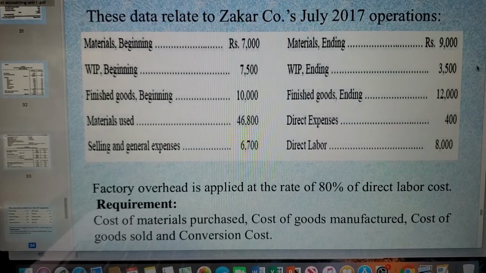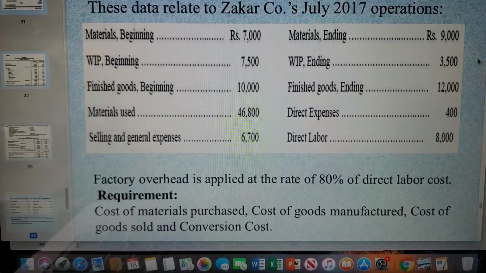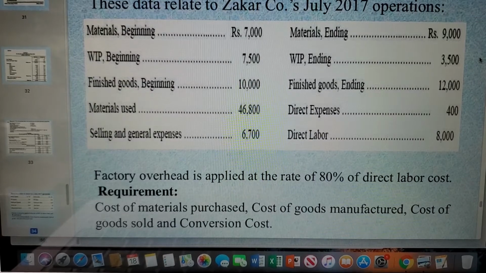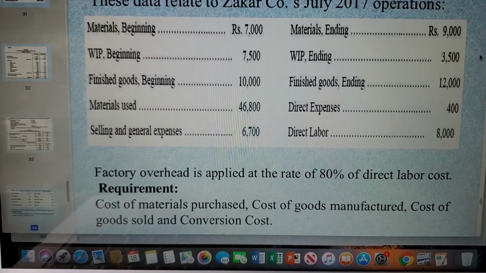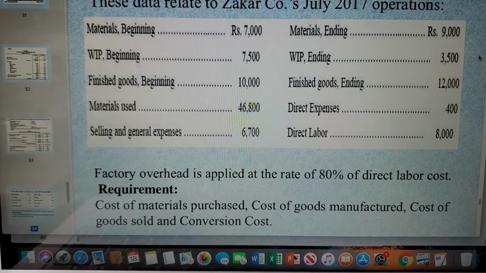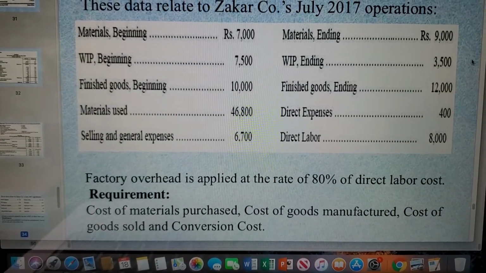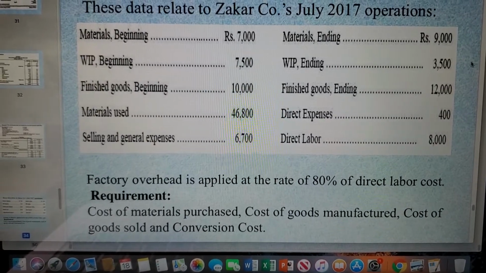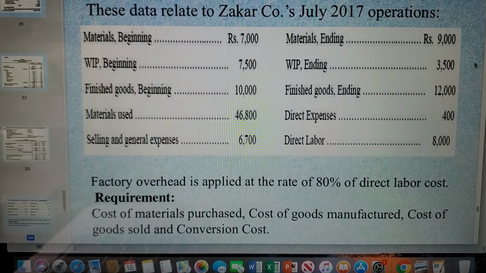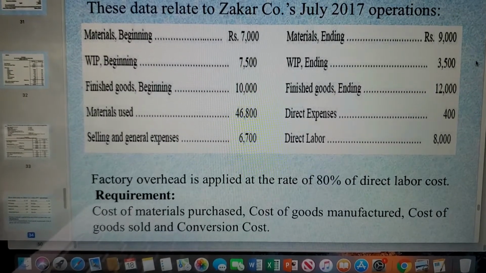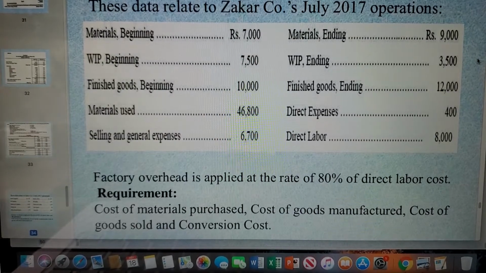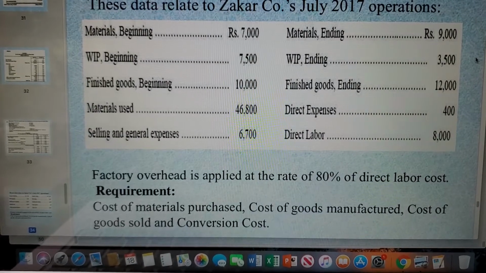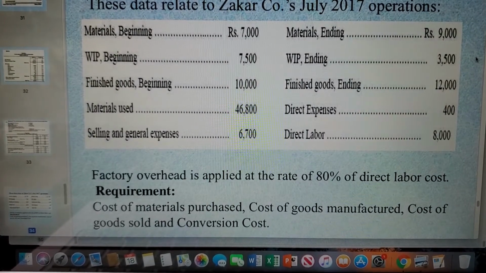So they have the expenses, materials beginning rupees 7,000, materials ending rupees 9,000, WIP beginning 7,500, WIP ending 3,500, finished goods beginning 10,000, finished goods ending 12,000, materials used 46,800, direct expenses 400, selling and general expenses 6,700, direct labor 8,000.